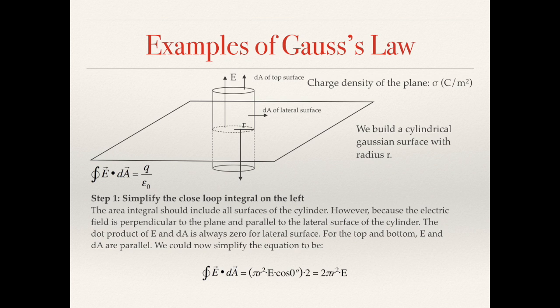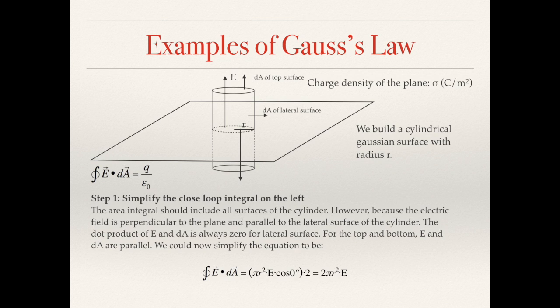We look back at the equation of Gauss's law, the closed integral of E dot dA is equal to the enclosed Q over epsilon 0, the permittivity. The first thing we do is simplify the closed integral on the left. The area integral should include all surfaces of the cylinder, and the electric field is perpendicular to the plane and parallel to the lateral surface of the cylinder.